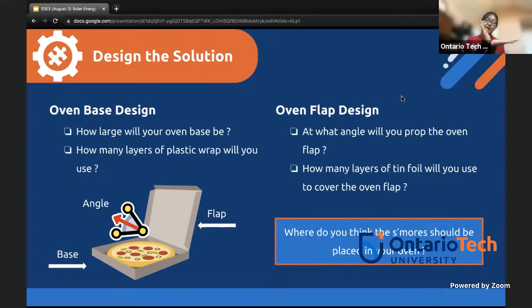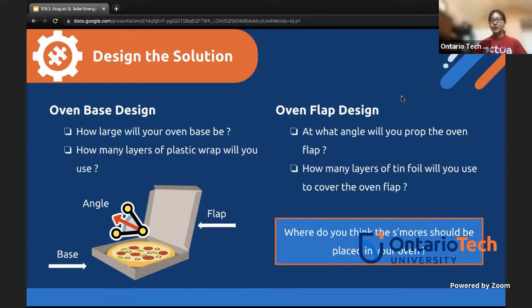The oven flap is going to reflect the sunlight down into our oven base, so we need to angle it in a way that allows us to use as much of the sunlight as possible. We're going to change that as the day moves on and experiment with it. We also need to think about how many layers of tinfoil we're going to use to cover the flap.